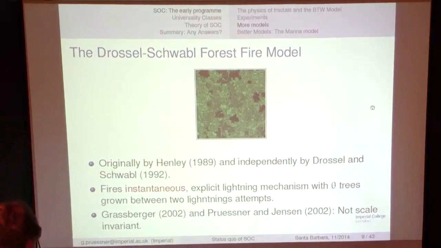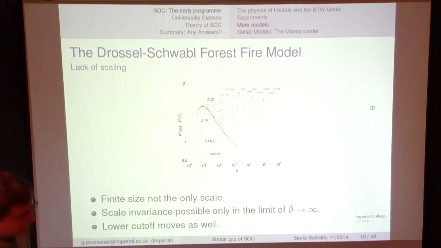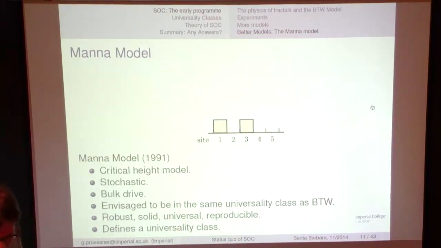There was some dispute in the literature about whether this displays any scaling, and I had a paper with Henrik many years ago where we showed that the avalanche size distribution, the cluster size distribution in this model, doesn't display scaling.